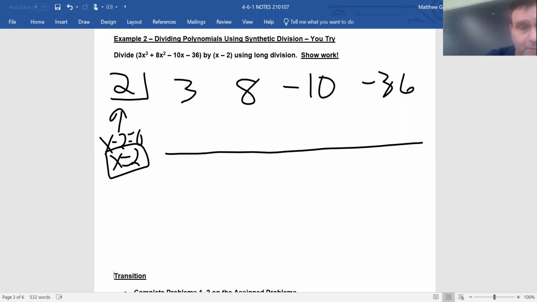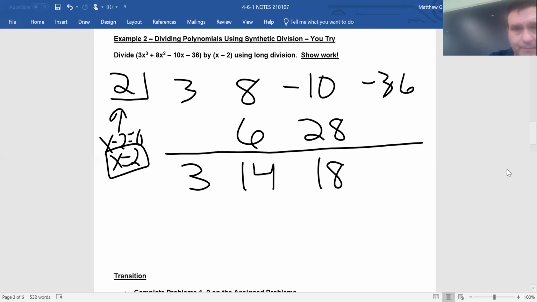So just repeat the process, bring the 3 down. Okay, times 2 is 6. So we put the 6 here. So 3 times 2 is 6. And we add down 8 and 6 is 14. Now I'm going to multiply 14 by 2 and get 28. Add down, I get 18.